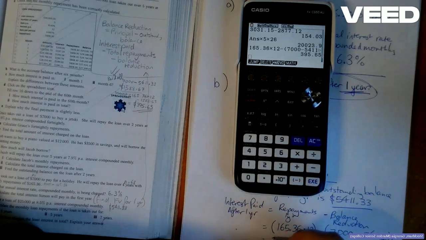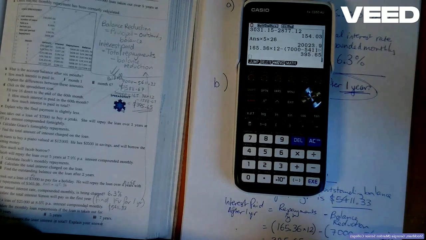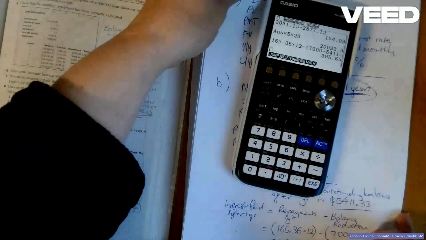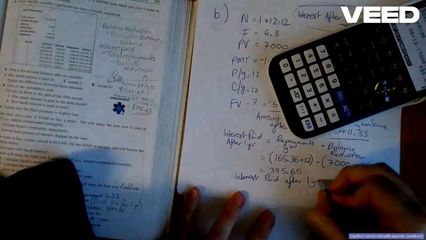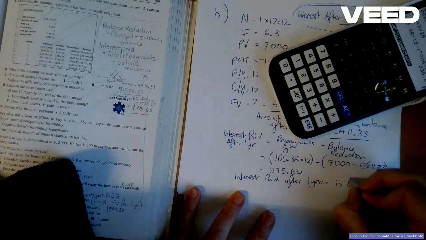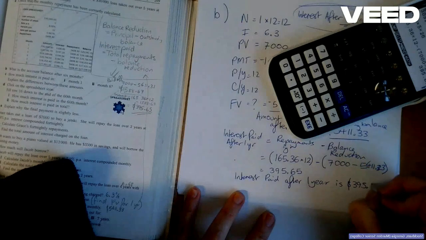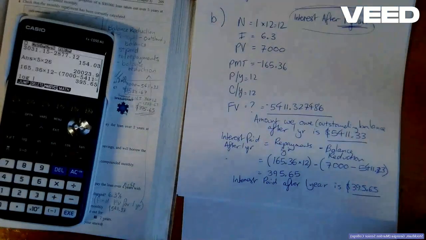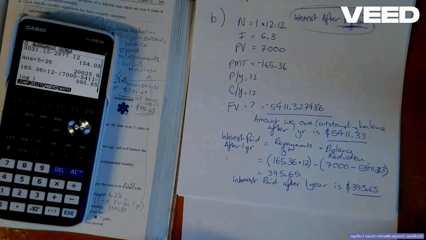And we end up with 395.65. So the interest we pay after 1 year is $395.65. Hopefully that explains how you do that problem there. Great.